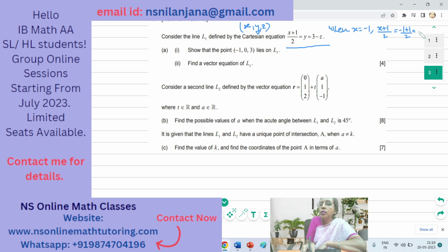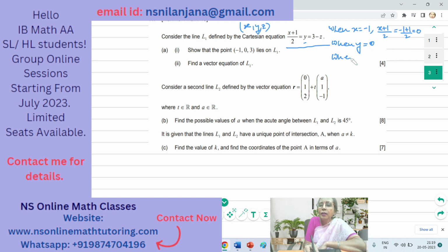So 0 over 2 is 0. So this is 0. Okay. So x plus 1 over 2 is equal to 0 when x equal to -1. When y equal to 0, and the equation is also having only a single y. So x plus 1 over 2 is equal to 0 and y is equal to 0. They match.